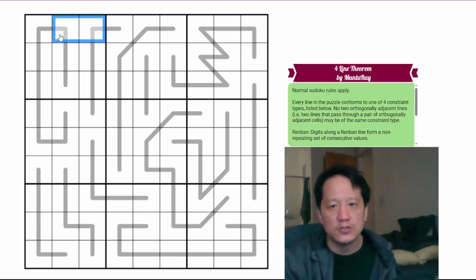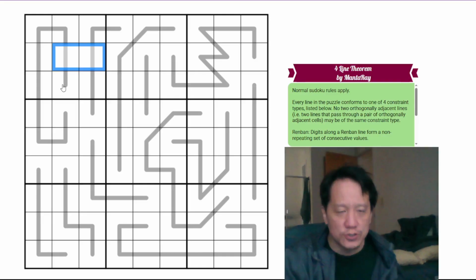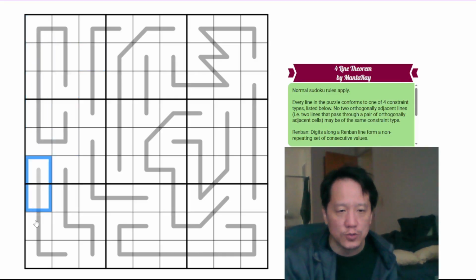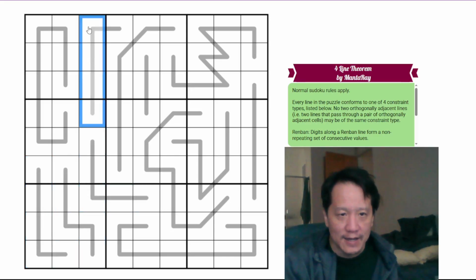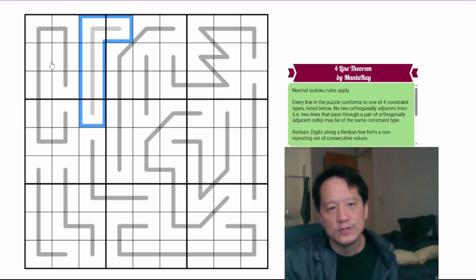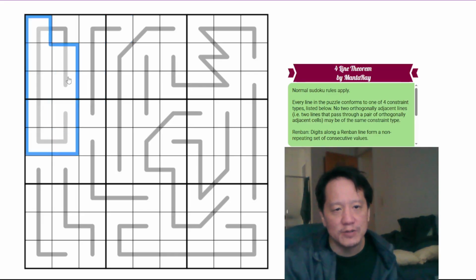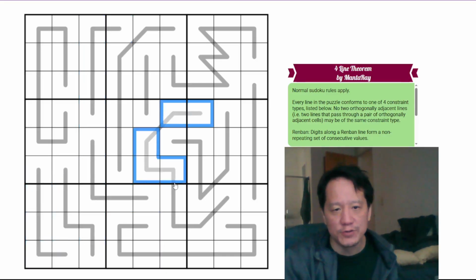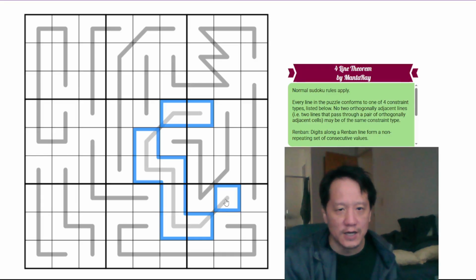So what does it mean to have a pair of orthogonally adjacent cells? It just means cells that share an edge with each other. For example, this line is orthogonally adjacent to this line, this line, this line, and this line. So this line cannot be the same constraint type as any of these four lines. This line is orthogonally connected to a lot of different lines.